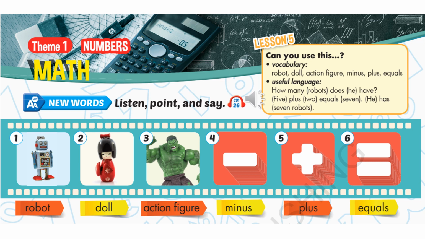Minus. 5. Plus. 6. Equals. So let's say those words again. Robot, doll, action figure, minus, plus, equals.